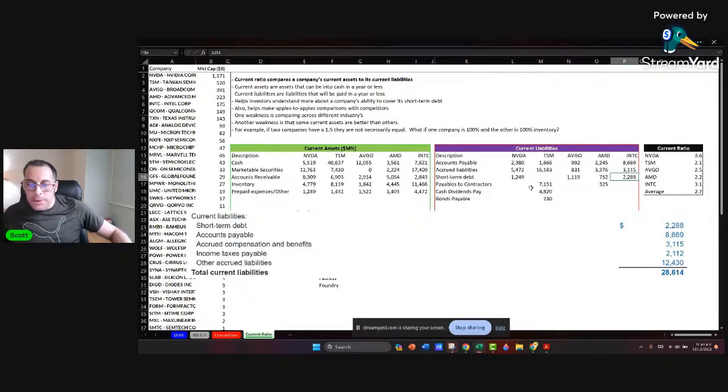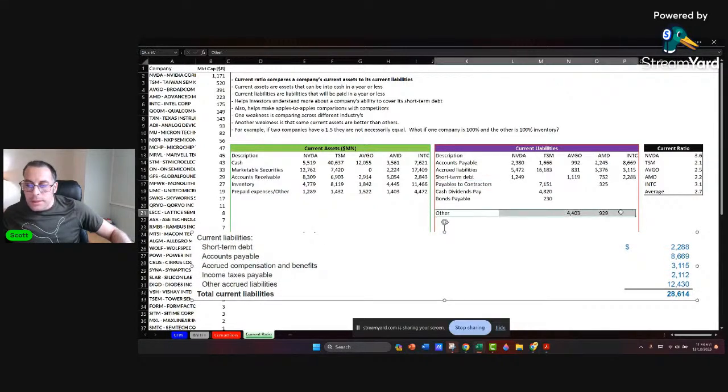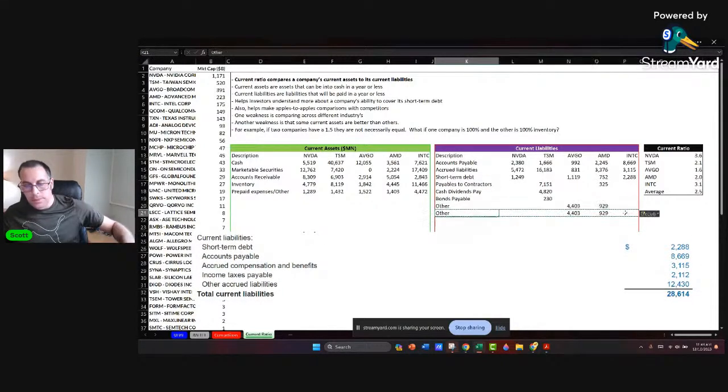Income taxes payable. I guess most of these companies have income taxes payable as part of other. So if we wanted to, we could split out the other, especially when a company gives that info, and if they tell you how much income tax is payable, then we can compare that to other companies.